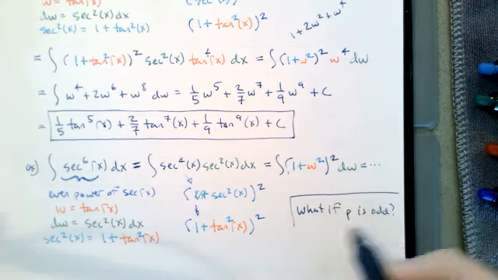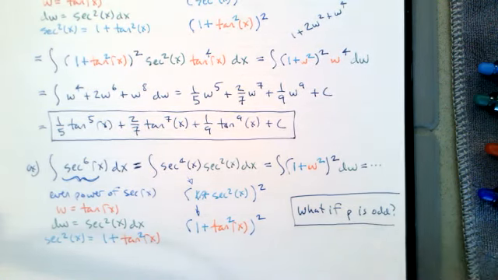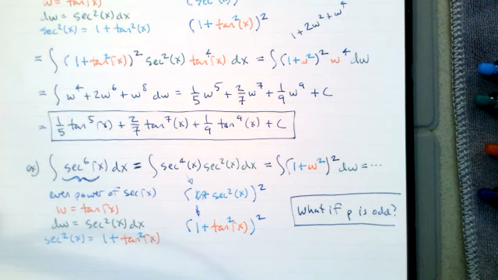This is what you want to examine. What if P is odd? What's our substitution call? If P is odd, we know it's not W equals tangent. So what do we need? I guess really my question is, what do we need to make W equals secant X the call?